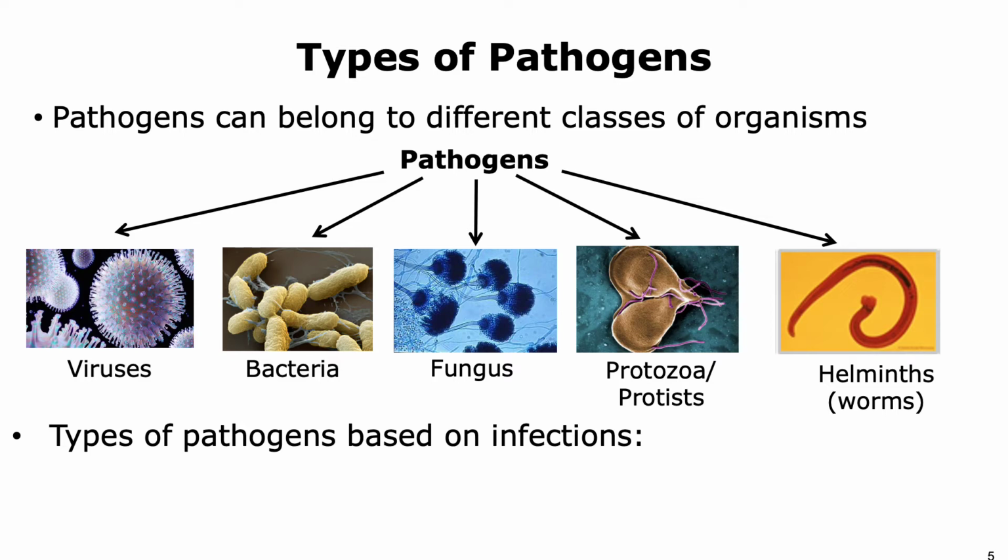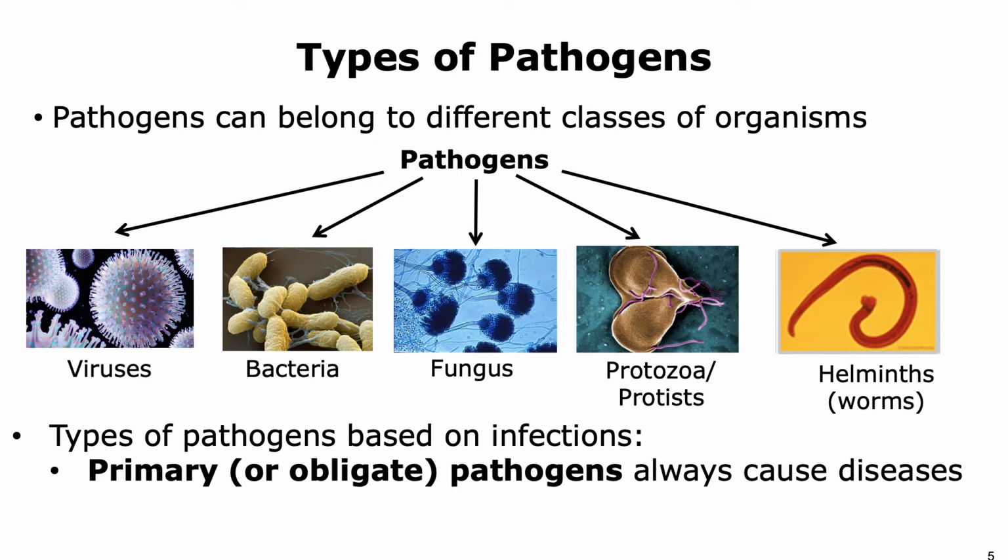Now, based on the ability to infect a host, pathogens can be divided into two main groups. These are the primary or the obligate pathogens that will always cause a disease in the host. So whenever they come in contact with the host, they never try to coexist but cause an infectious disease.